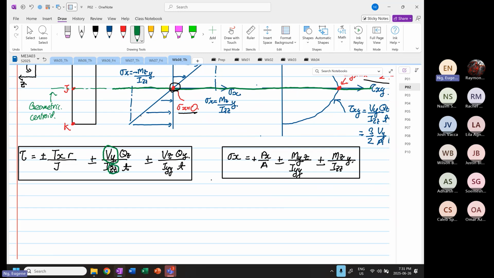In terms of bending moment, when it's My, we use Iyy. I want you all to look at the trend.